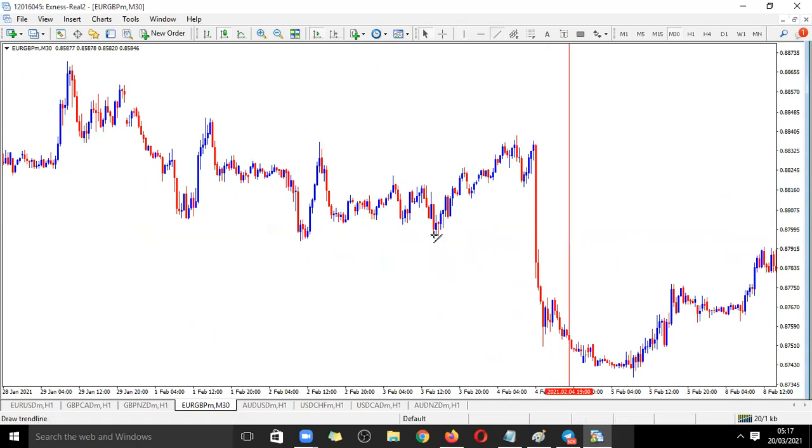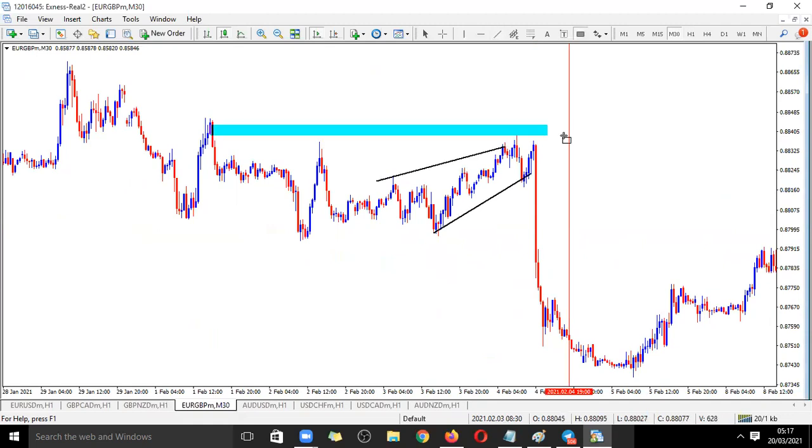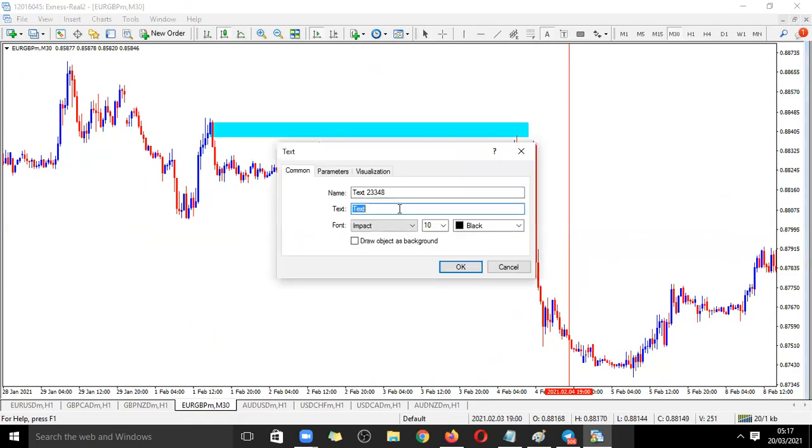Now we had a compression. Price was compressing towards a decision point. As soon as the event got released, price dropped massively. So here we had a compression stroke accumulation.